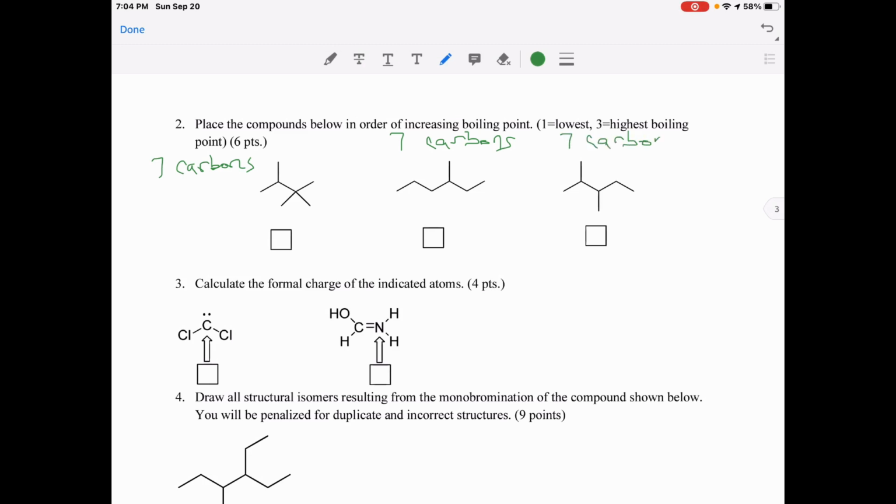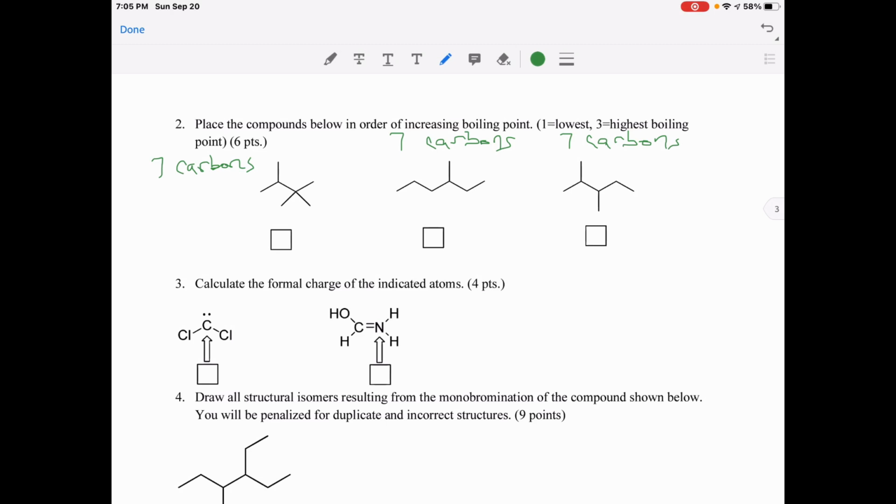So these all have 7 carbons, and so their molecular weight is not as considerable a factor as their surface area. Because if you look at these compounds, some have a longer surface area, while some are smaller.